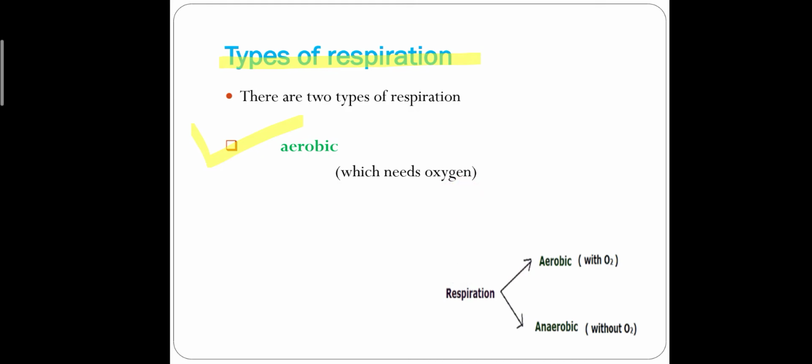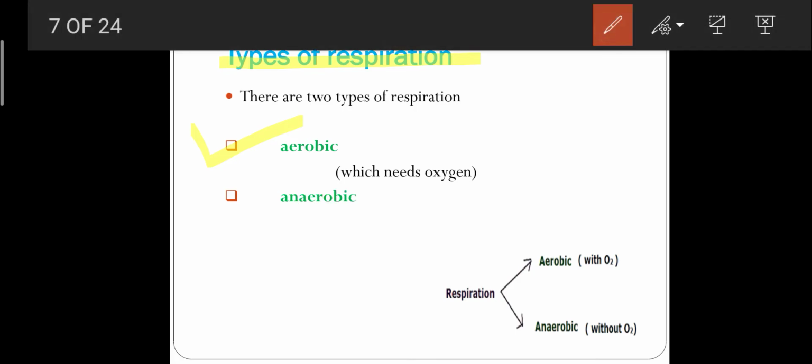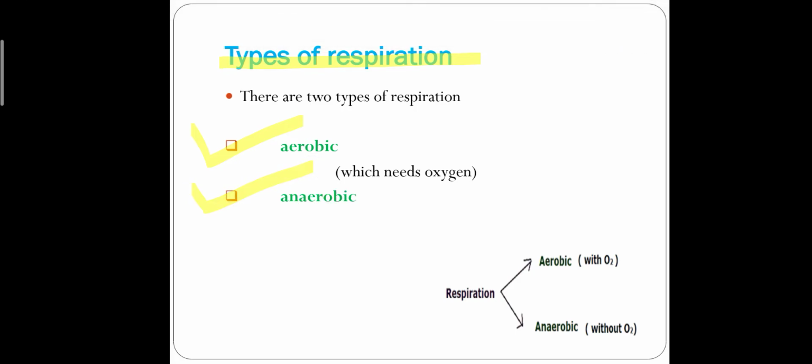The second type is anaerobic respiration, a type of respiration which doesn't need oxygen. The main difference is that aerobic respiration occurs with oxygen while anaerobic respiration occurs without oxygen.